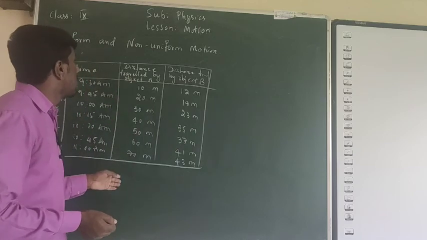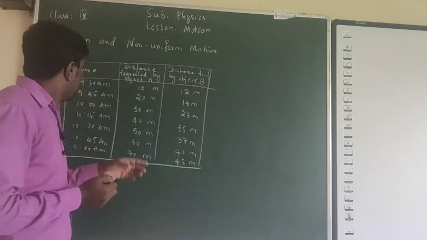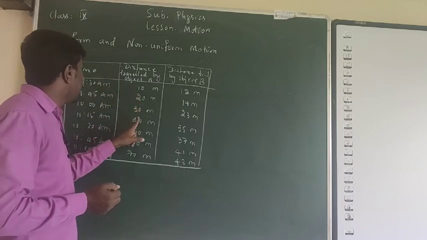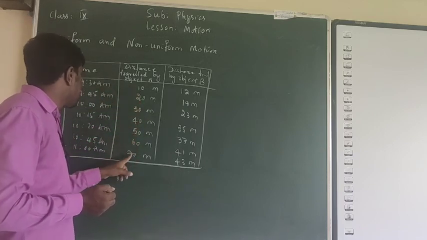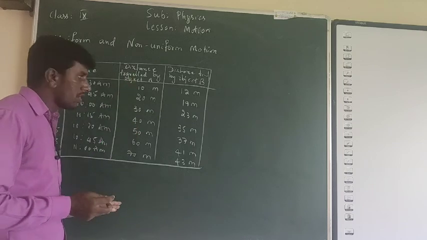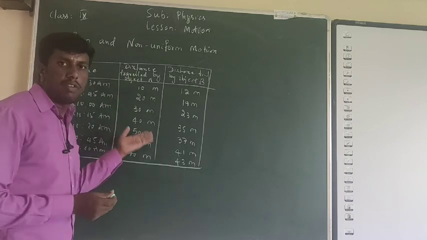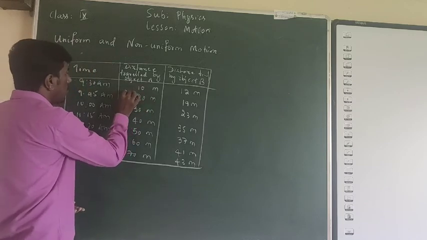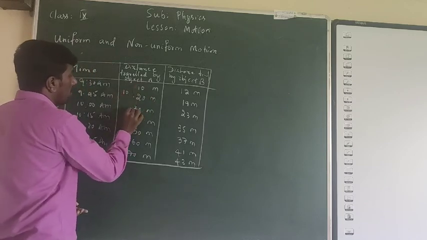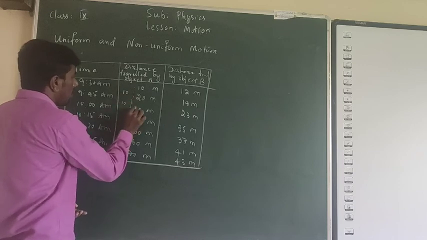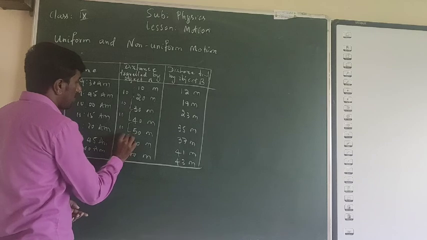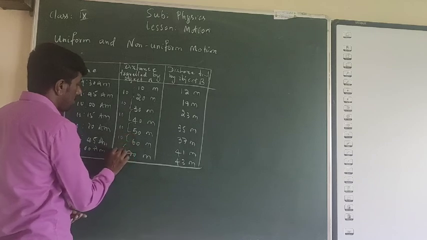Now, observe the distance traveled by object A. At 9:30 is 10 meter, 9:45 20 meter, 30 meter, 40 meter, 50 meter, 60 meter, 70 meter. Keep on changing like this. So how to find out whether it is an equal distance or not? Take a difference again. 20 minus 10 is 10. 30 minus 20 is 10. 40 minus 30 is 10. 50 minus 40 is 10. 60 minus 50 is 10. 70 minus 60 is 10.